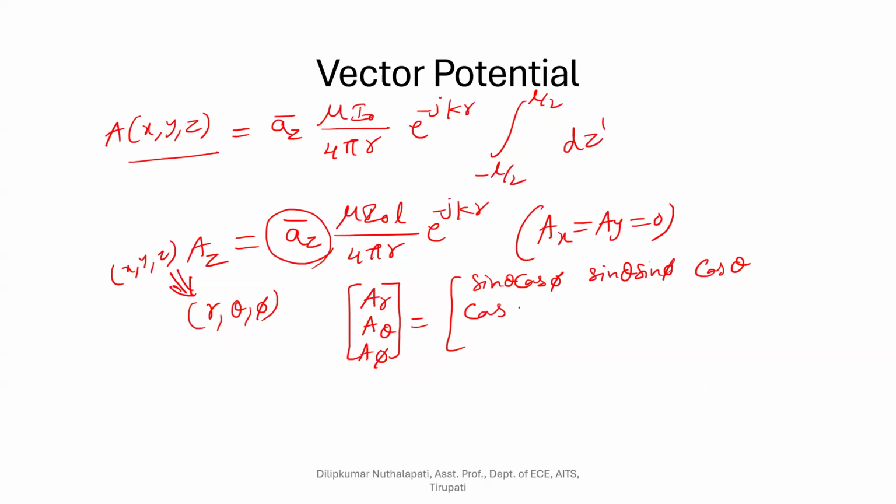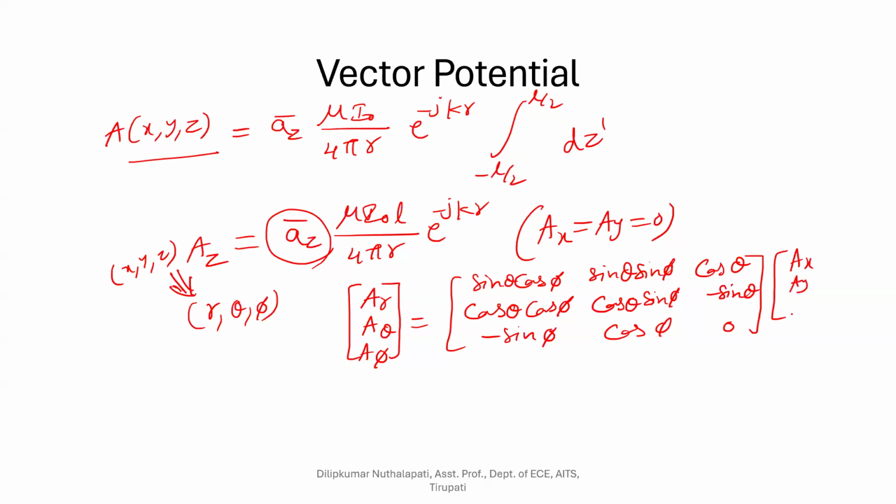As there are three terms r, theta, phi, the matrix representation is in 3 by 3 form, that is 3 rows and 3 columns. So according to that, we write the last row as sine phi, cos phi, 0, multiplied with the rectangular coordinates ax, ay, az.